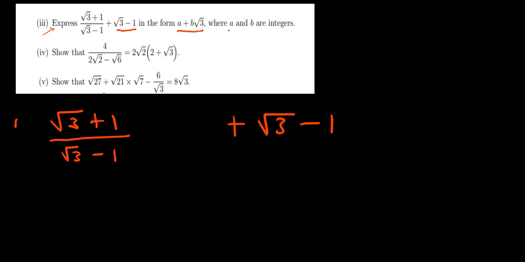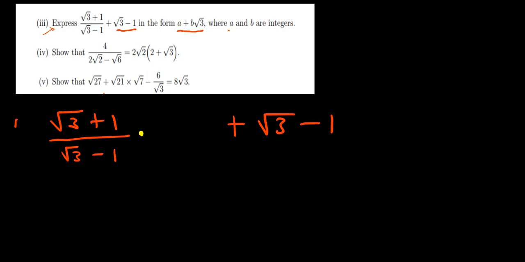So we have the first question there, where we have the root of 3 plus 1, and then we are dividing this by the root of 3 minus 1, and then we have plus root of 3 minus 1. We're going to rationalize the denominator on that expression, so we are just going to multiply this expression by its conjugate.